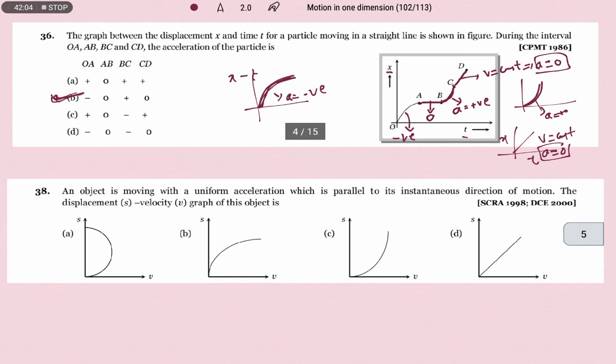An object is moving with a uniform acceleration which is parallel to the instantaneous direction of the motion. The displacement and velocity graph of the particle will be? Okay, so uniform acceleration, so a is constant, and it is parallel to the instantaneous direction of motion.